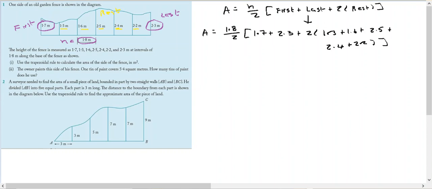So you have to work out what's inside the brackets first.